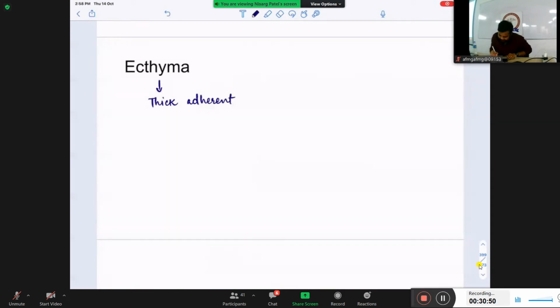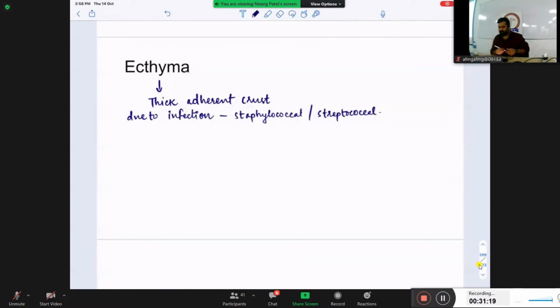It is a thick adherent crust due to infection, which can be staphylococcal or streptococcal. Seen mainly in diabetics or persons with poor hygiene, because it is a secondary infection.